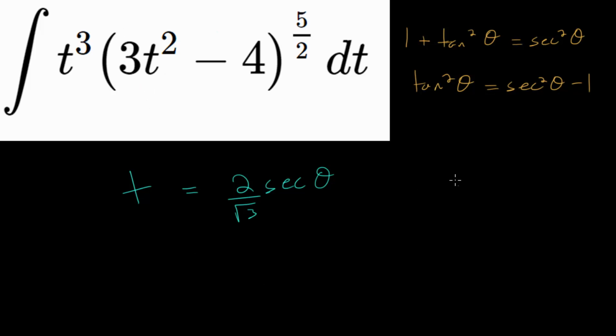So we can test this. T squared then, if we square this out, we get 4 secant squared theta over 3. And you can see the 3's will cancel, and we get 4 secant squared theta minus 4, where we can then factor the 4 out, and we get back our identity here, which we can substitute for the tangent squared of theta, and hopefully that will simplify everything.